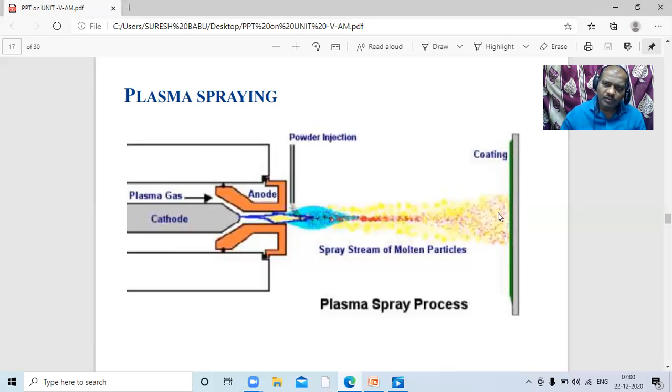If you observe, by slightly moving up and down, we are able to have the required level of deposition on this workpiece. Wherever you can see green color, that is the deposition layer. The deposition is done by powder.